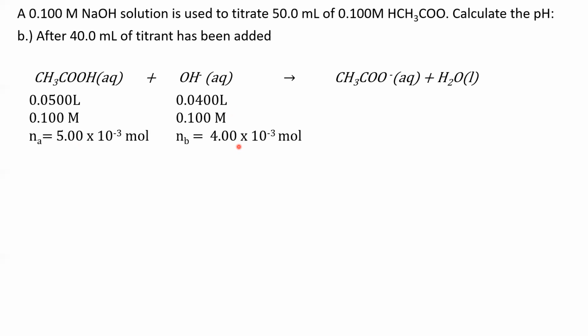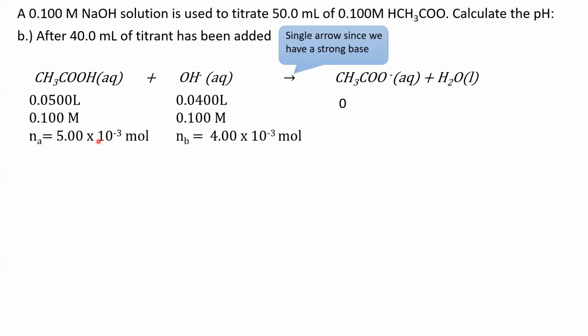All right, so now we need to look at the moles of acid and the moles of base and decide what our limiting reactant is. It's the smaller one. So the hydroxide is the limiting reactant. It's all going to react. The same amount of acid is going to react.